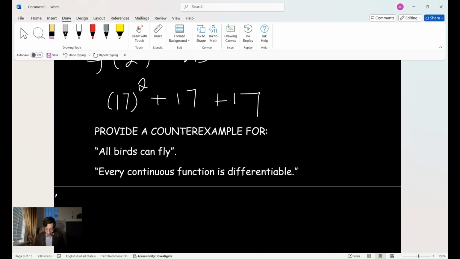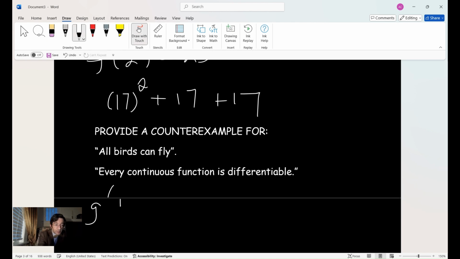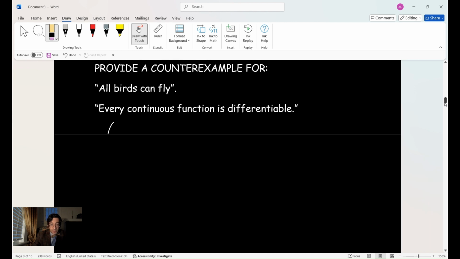Secondly, we need to talk about a function. If we consider the function, let's say g of n and m, we're assuming n and m must be positive integers, I should say, n squared plus n plus m.